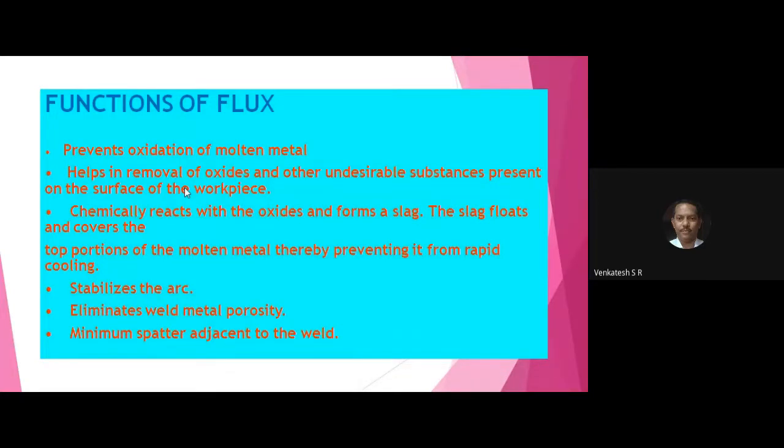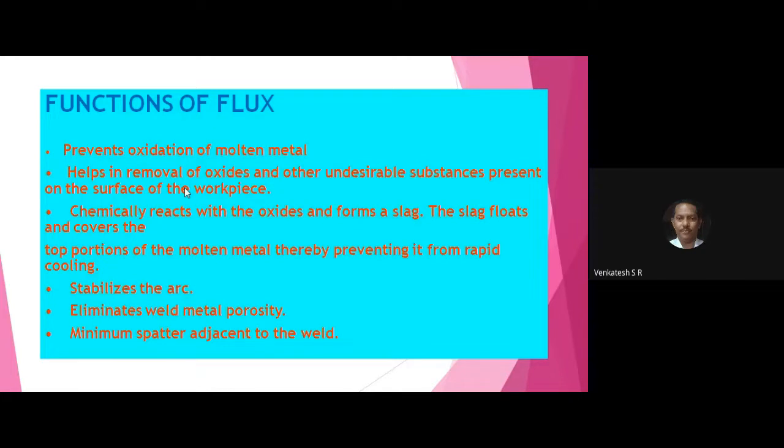Surface of the workpiece, full stop. Next line, write down number 3, chemically reacts with the oxides and forms a slag, full stop.